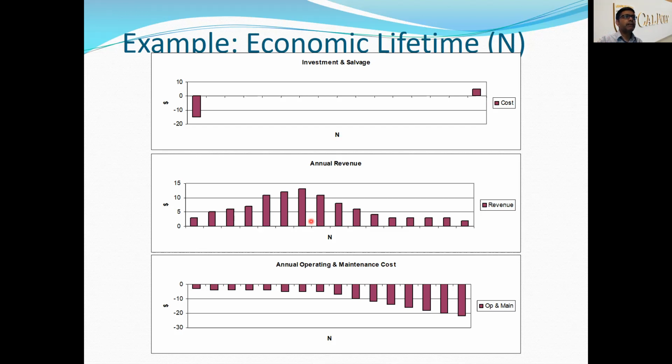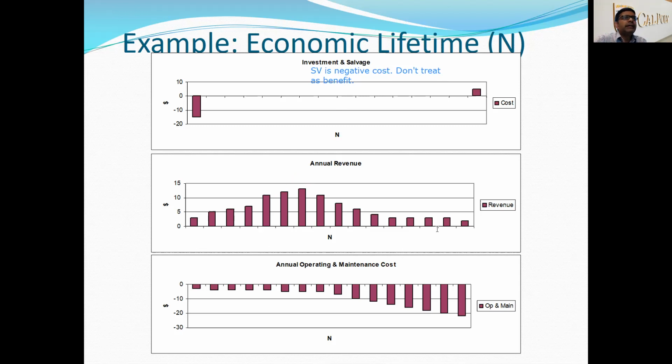Don't treat it as a benefit, okay? I just typed up that message in the chat. The salvage value is a negative cost. Don't treat that as a benefit. I cannot say this enough, so I'm going to type it one more time. So make sure that you remember that.